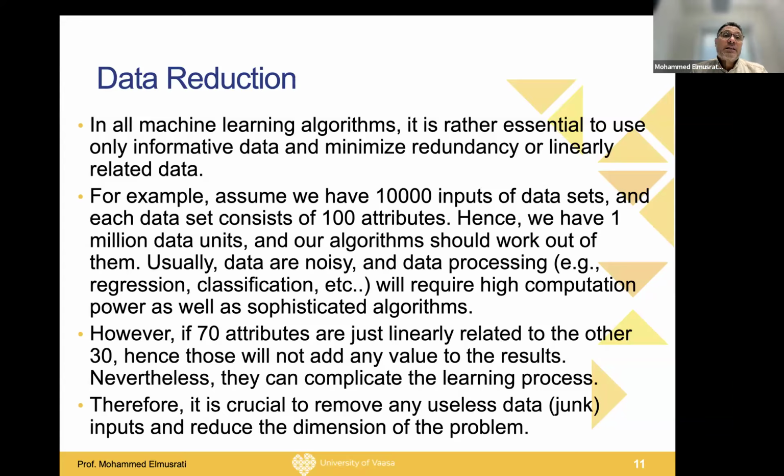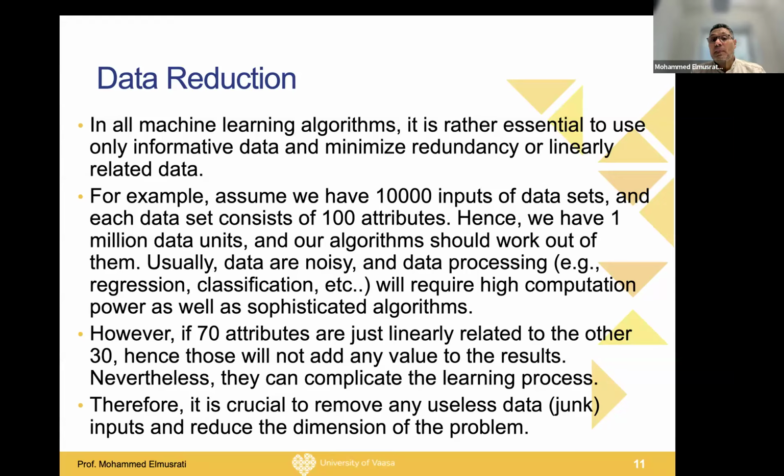However, with very large numbers of features, if some of them are useless, at least for what you are looking for, this means you need higher computation power for learning. This might also lead to redundancy in data, or it can even reduce the quality of learning, because you have huge numbers of attributes but you don't actually need all of them.